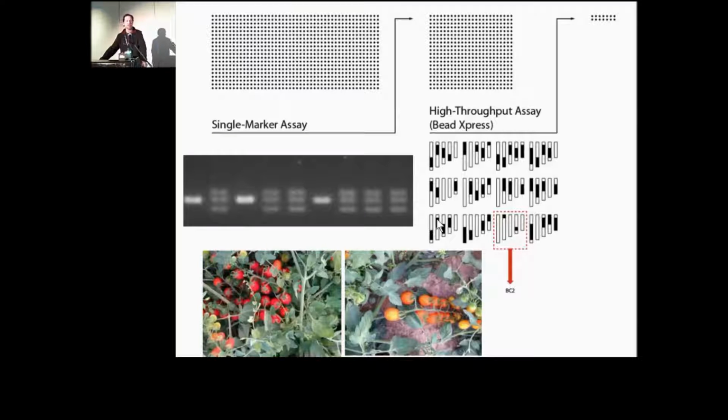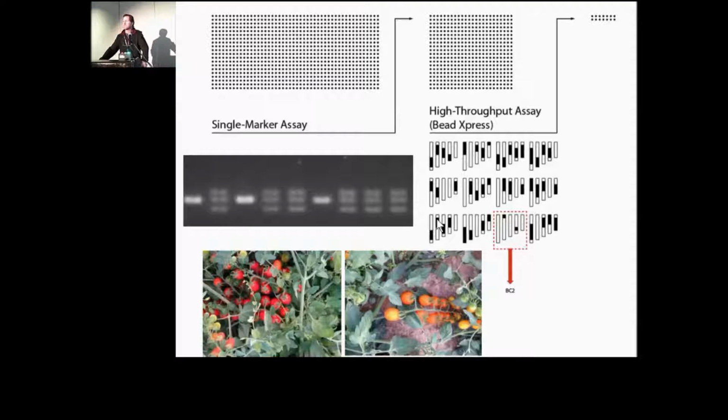And so what I'm showing you in this slide, on the top left, you have a flat full of tomato seedlings. We extract DNA out of those. In our lab, we just use an insertion deletion mutation to identify the heterozygotes. Those heterozygotes, we move on to the next step, and for us, the next step means we send the DNA to LGC. We tell them which SNPs we want to use.